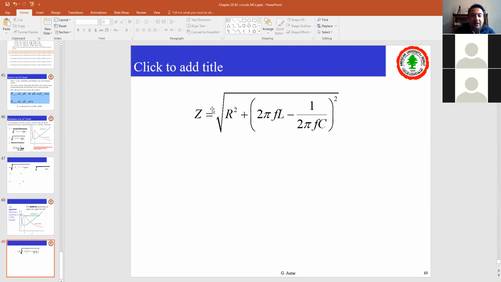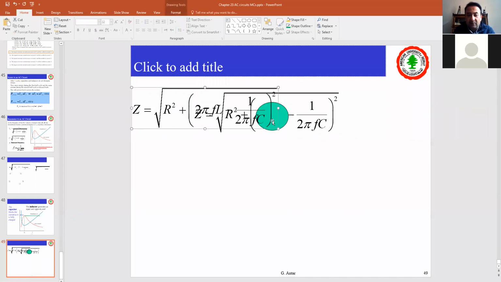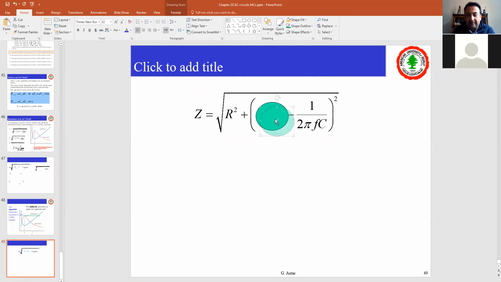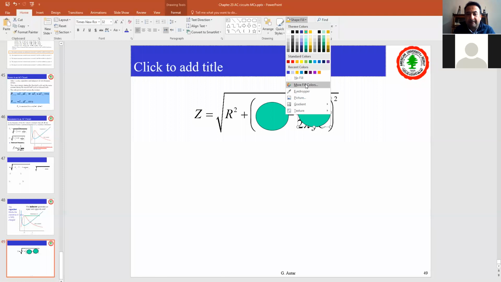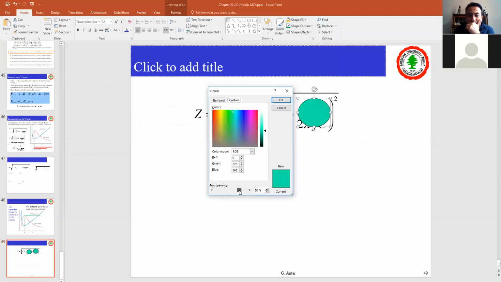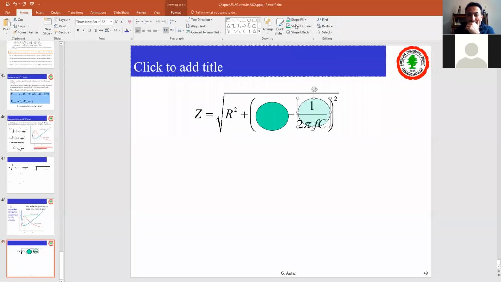So the minimum value Z can have is equal to R. This is where this term is exactly equal to this term.